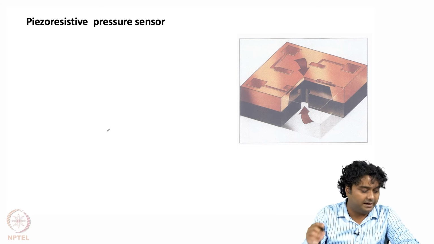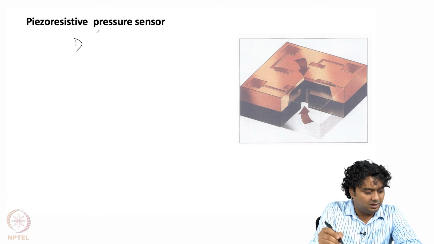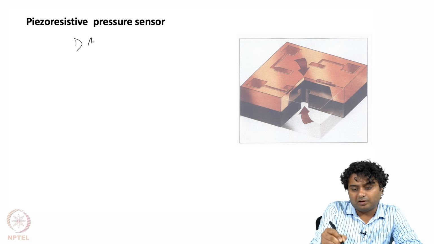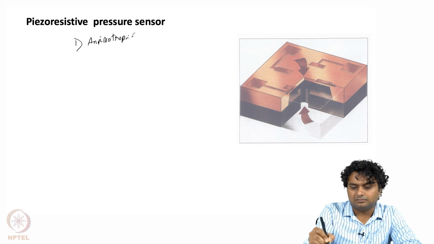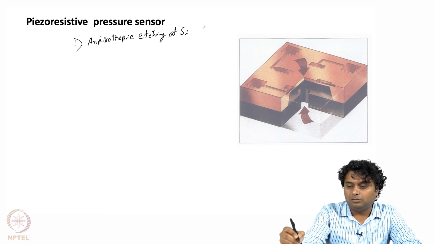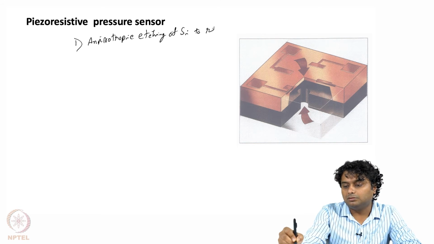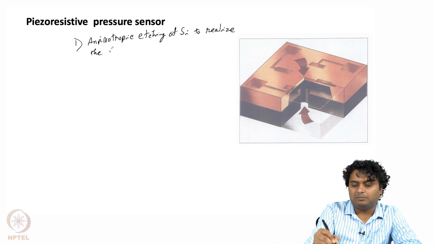Now, how can we make it? There is a step by step process we need to follow. The first step is anisotropic etching of the top silicon to realize the membrane.